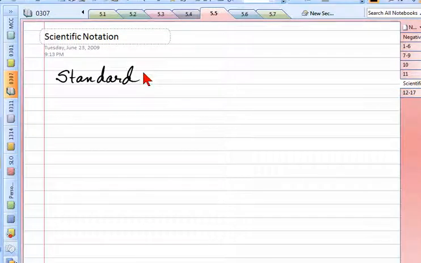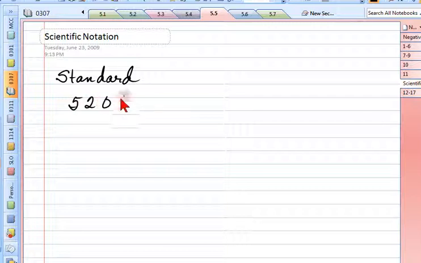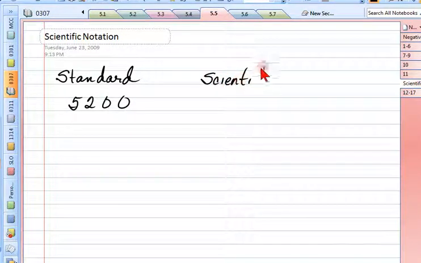Maybe we have a really big number, 5,200. We'll just say it's 5,200. That would be the number in standard notation. Scientific notation has the following characteristics, and I know you've been exposed to this sometime somewhere.